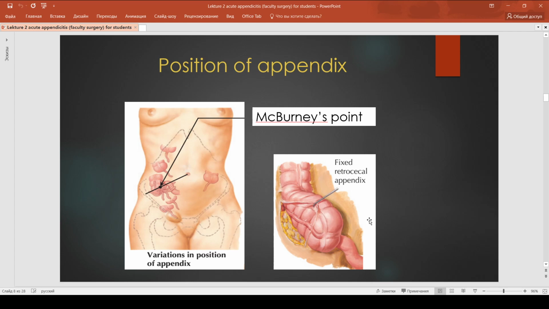It's not frequent, but if you know embryology well, you know that our bowels must rotate 360 degrees, and sometimes this rotation is not well completed, and our patient can have appendicitis from the left side.